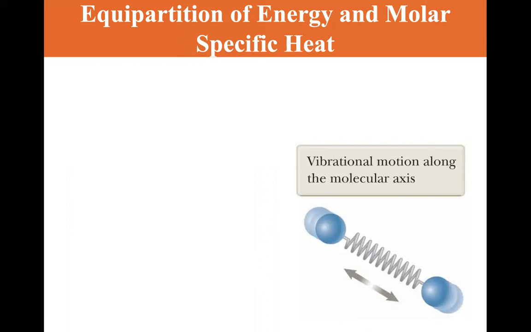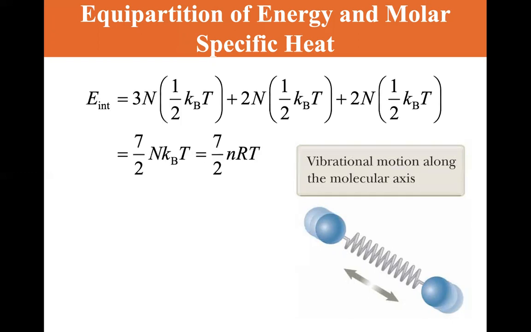Now let's add the vibrational motion. This adds another degree of freedom. If we imagine this as 2 particles hooked together with a spring, we get vibrational motion along the molecular axis. That adds more degrees of freedom.